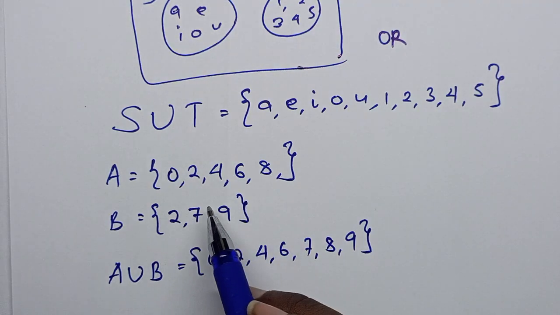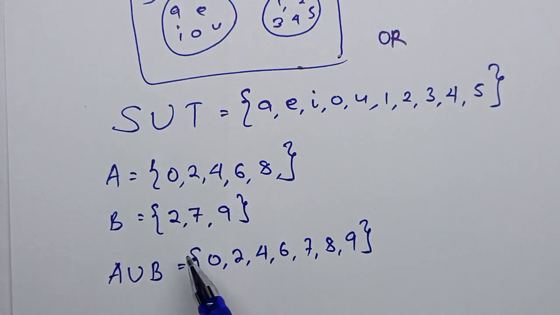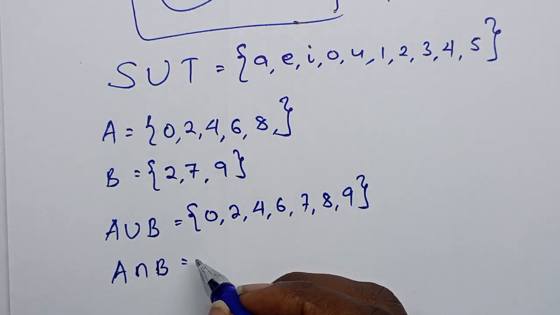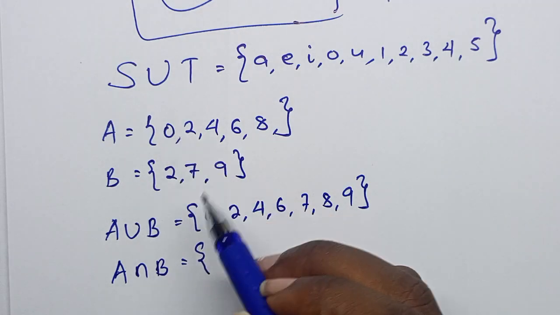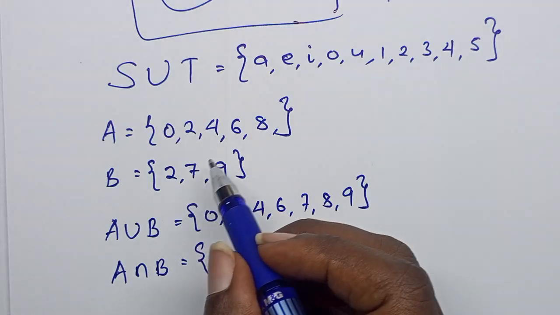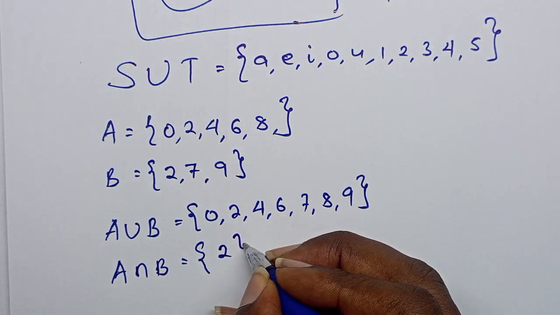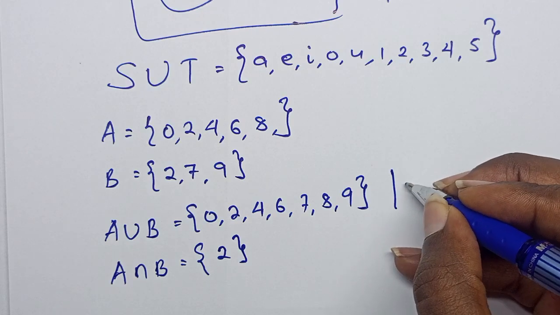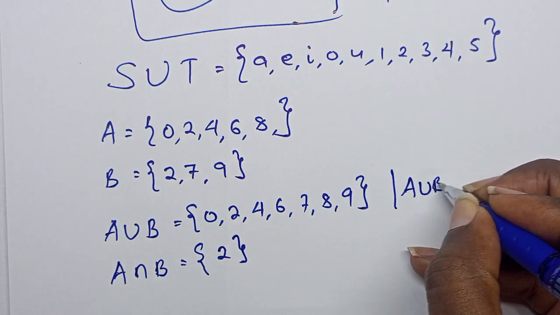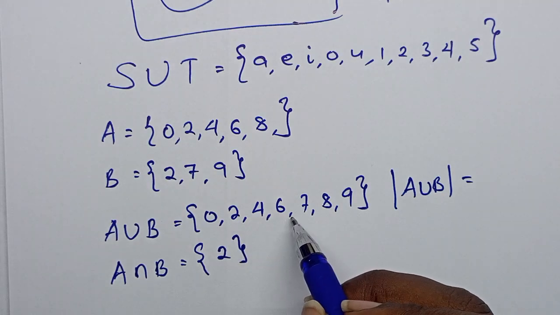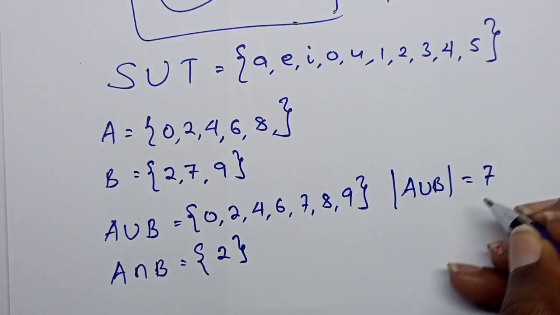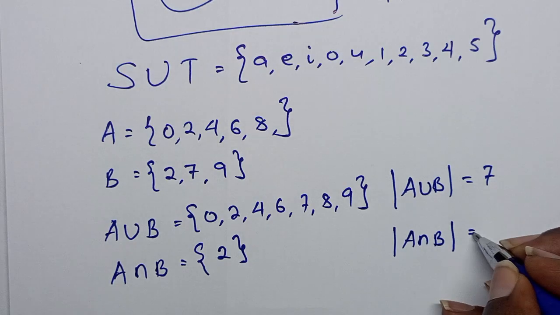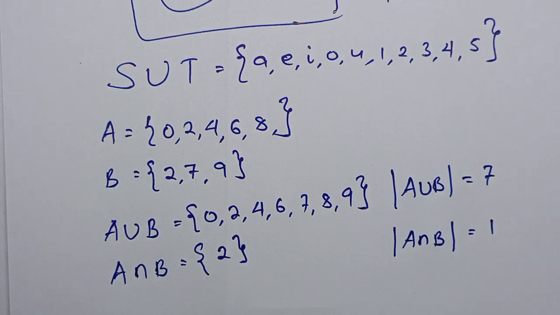All the elements that belong to A or B. Then A intersection B will be those elements that belong to both set A and set B, which in this case is just 2. So the number of elements in set A union B is 7, while the number of elements in set A intersection B is 1.